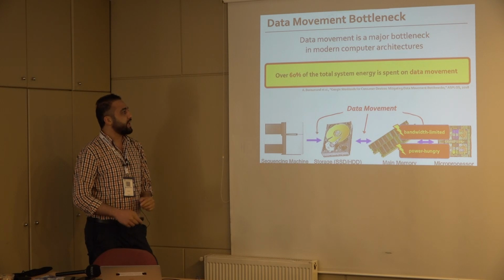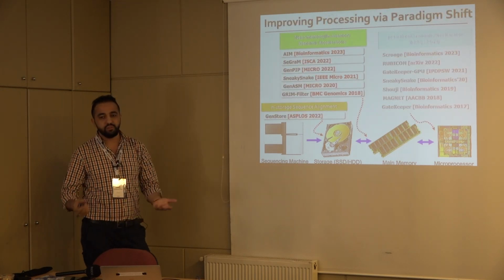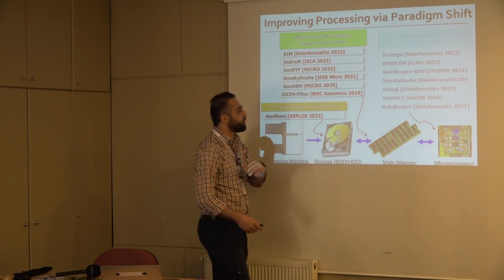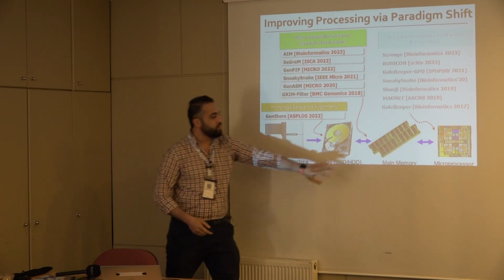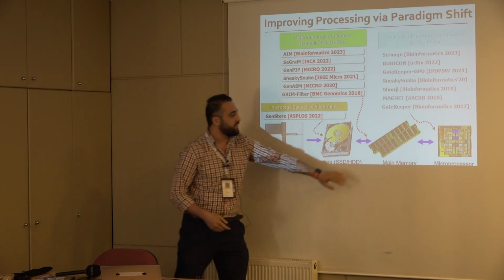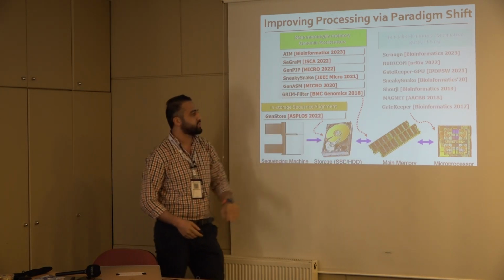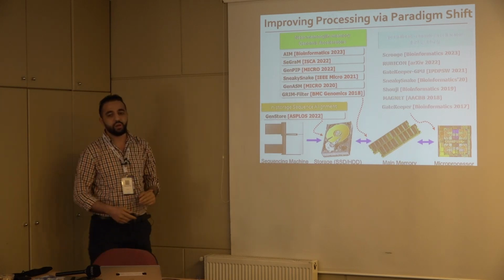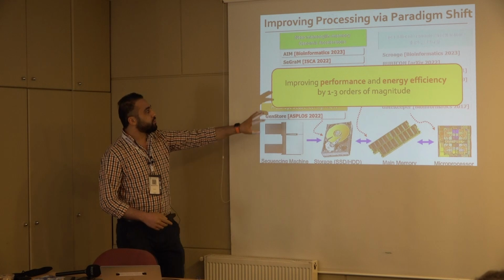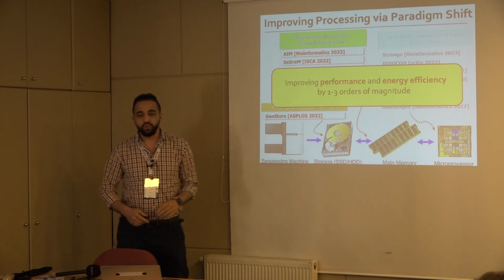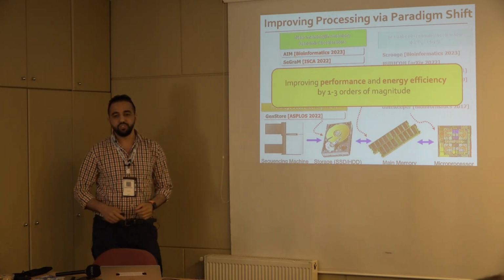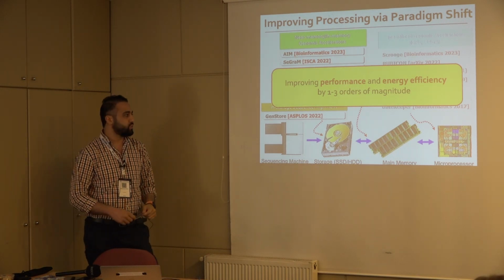What we did next is to try to do a paradigm shift. Instead of using GPUs and FPGAs or regular accelerators, we tried to move one further step closer to the data where it resides, either in the memory system or the storage itself. We have several works in that direction. In most of this work, we already demonstrated great performance and energy efficiencies by 1 to 3 orders of magnitude.